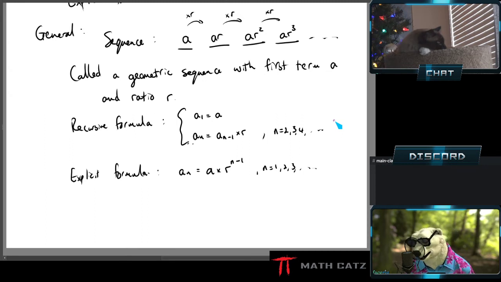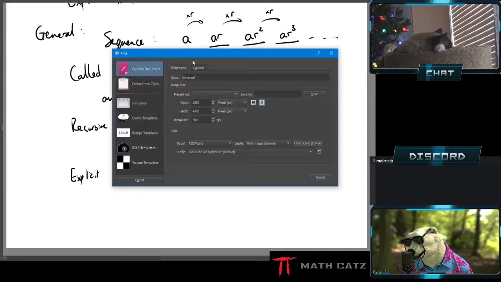Same thing is going to happen here. If I can identify the sequence as a geometric sequence, then I know everything already. I know what they look like, so I can explain them. I can jump around in the sequence. I can do whatever you want me to do. But it's a different kind of sequence with different formulas because I wasn't doing the same thing. I wasn't adding, but now I am multiplying.